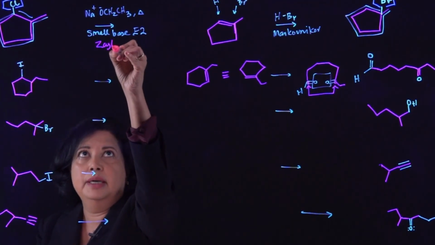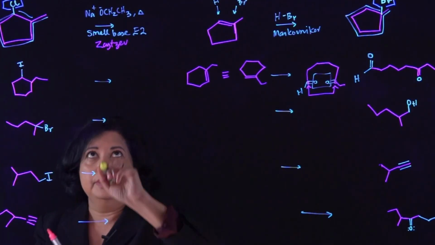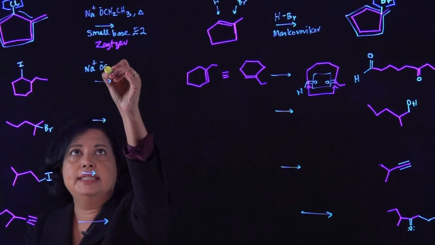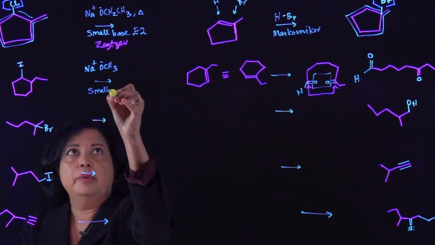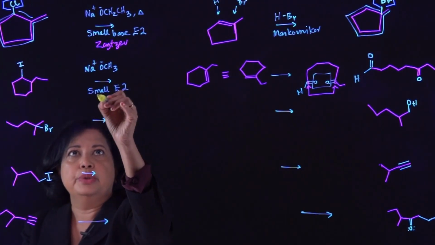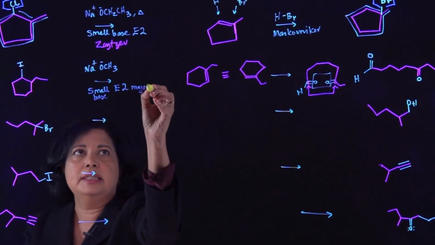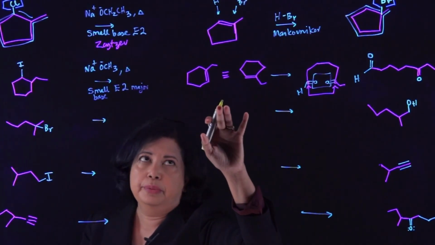So same as above. So we can put sodium methoxide, or some small base, and on secondary, that is going to give you major E2 with a small base. You may get some SN2, but if you heat it up, you're going to get more and more E2.